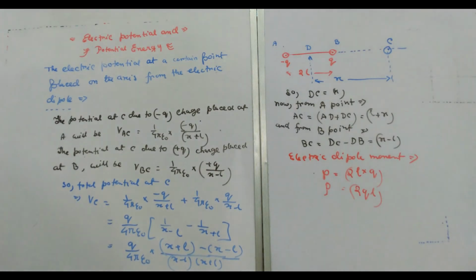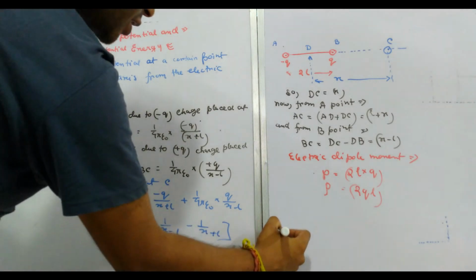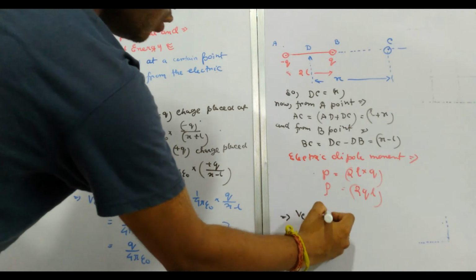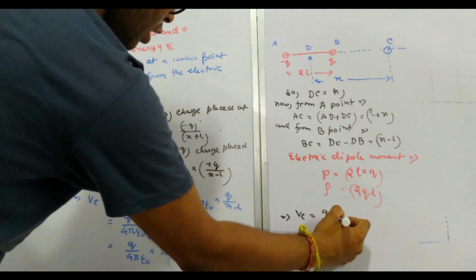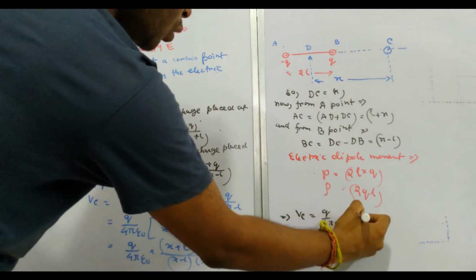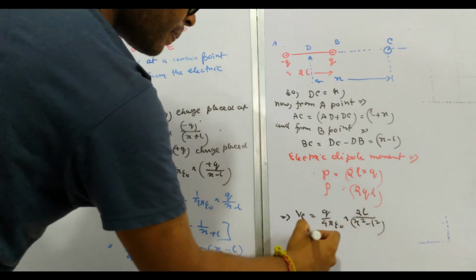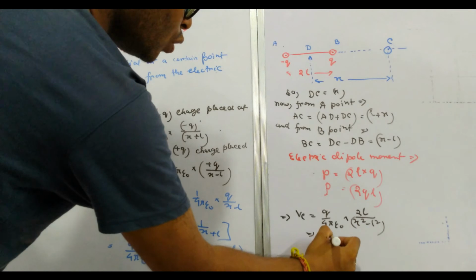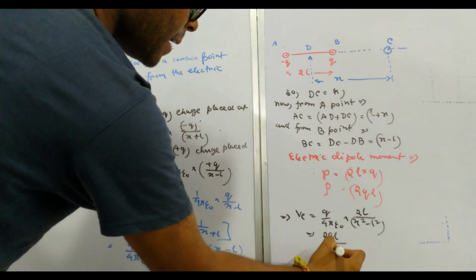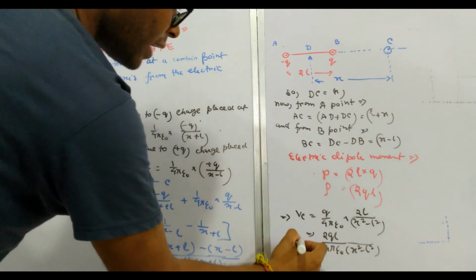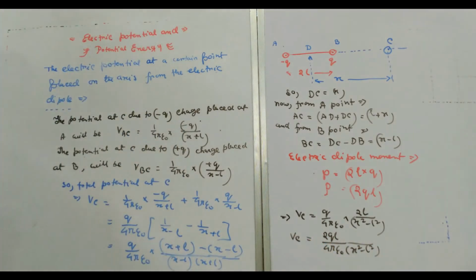So if we carry forward the equation, then VC is nothing but Q by 4 pi epsilon naught, that will be 2L by X square minus L square, and this can be written as 2QL by 4 pi epsilon naught into X square minus L square, right? Now think about the point.